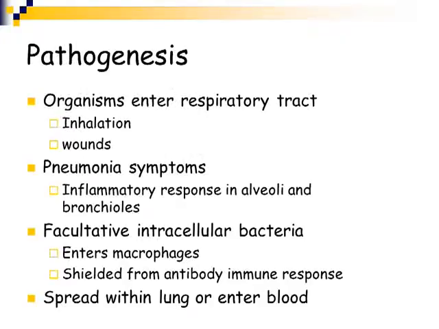Now, the organism enters the respiratory tract usually through inhalation. It can also get into the body through wounds. It generally causes a pneumonia, so there's an inflammatory response in the alveoli and bronchioles.